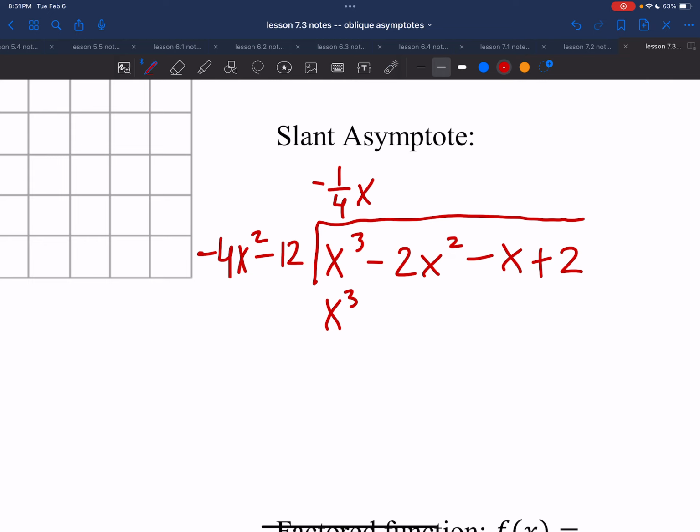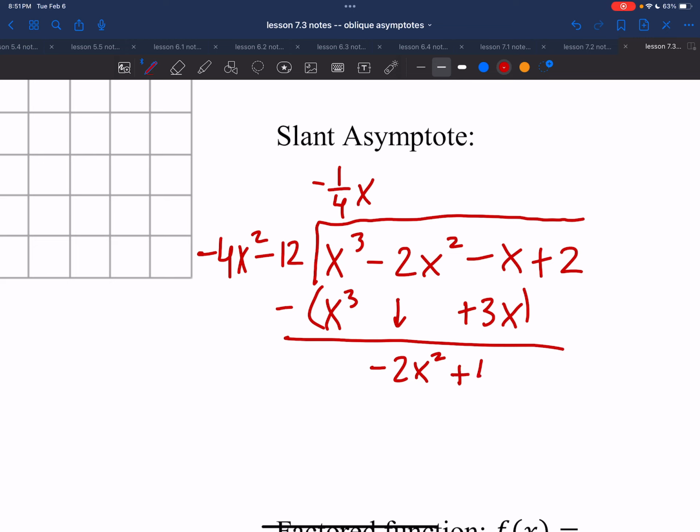Make sure you carefully line this up because negative times negative is positive. 1/4 of 12 is 3, and there's only a single x, meaning x to the power 1. Don't write that underneath 2x squared. Be careful there. We'll subtract this. And so the negative 2x squared will drop down. Negative minus 3 is going to be positive 4, or no, I'm sorry, negative 4x.